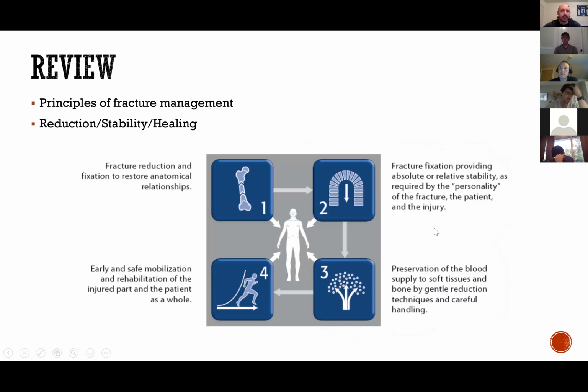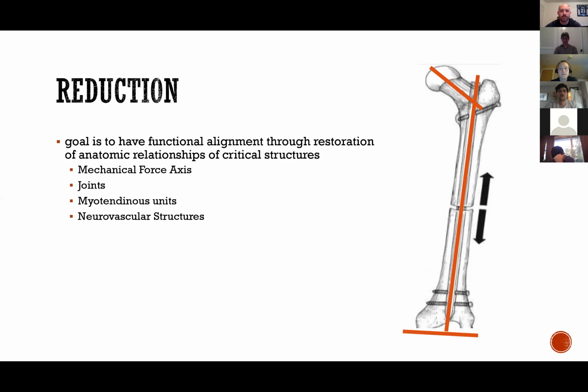And for comminuted fractures, we like to give them a bridging construct in order to allow some motion. So you give it as much stability as the personality of the fracture requires. You want to preserve blood supply and soft tissues, and then you want to restore the patient's function as soon as possible. So how does a nail help us achieve those goals?